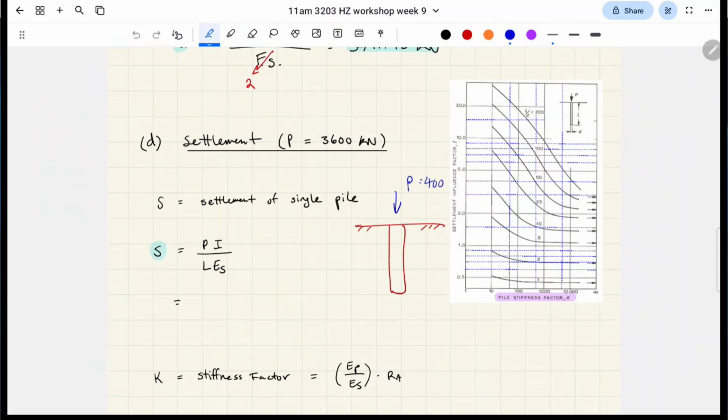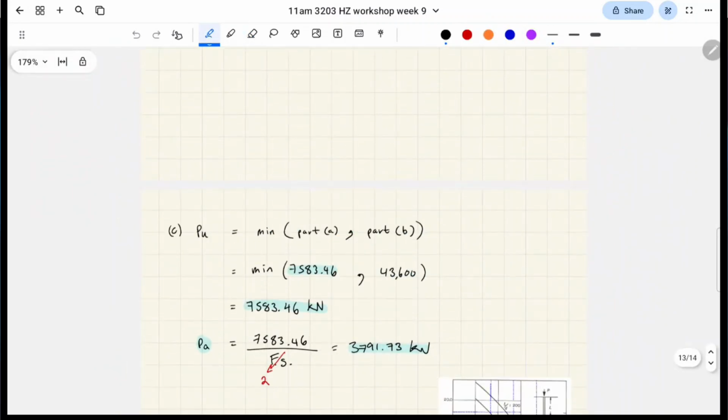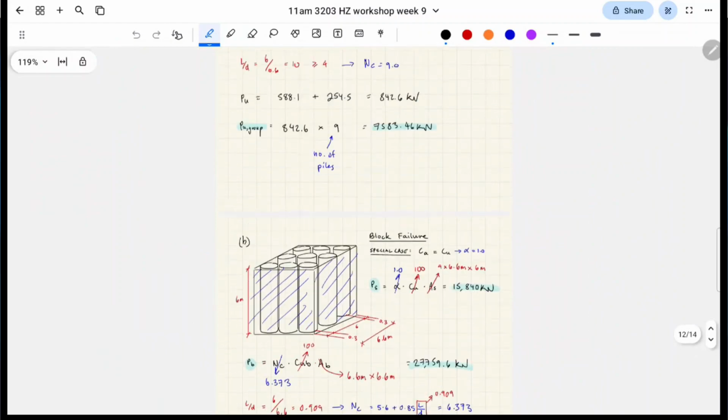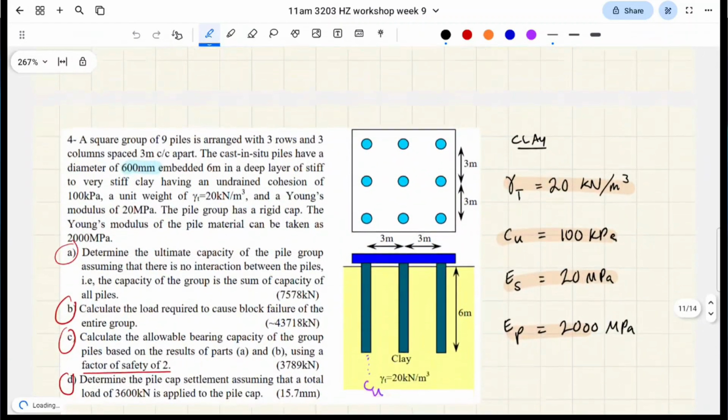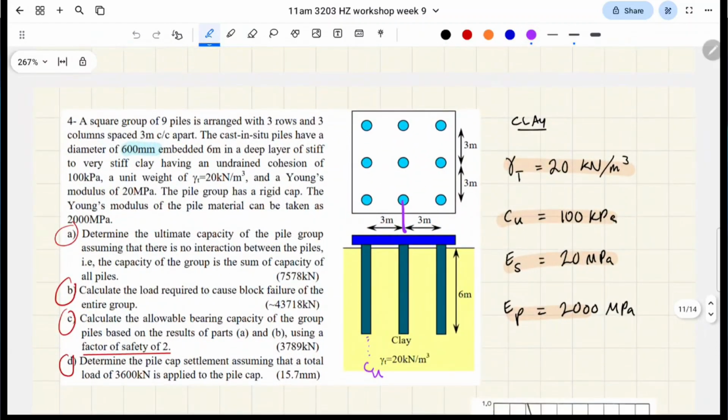So our settlement will be a function of this value, right? But we have a point load of 3,600, which is really high, being applied to this entire pile group. What that will look like is the point load acting on the pile cap, which is a concrete slab that connects all of the piles in this pile group.